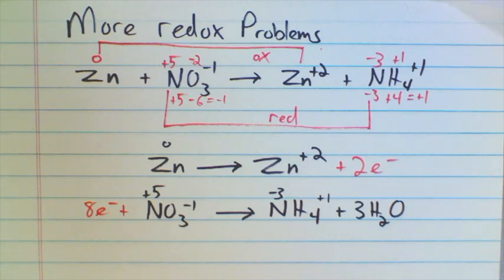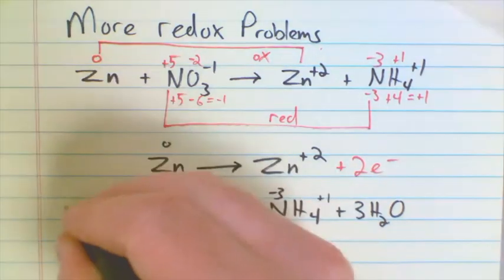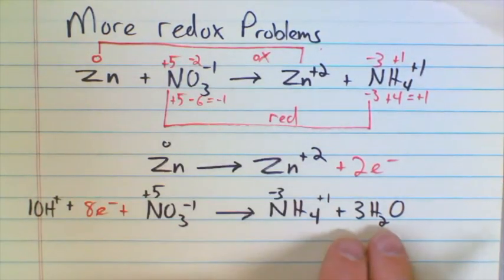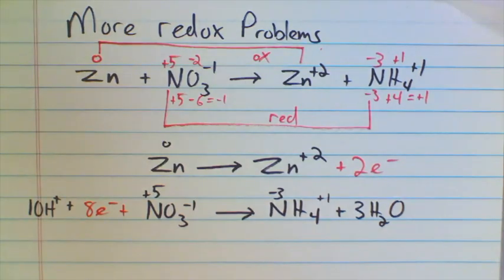Balance hydrogen by adding H plus where needed. 10. Yeah, we're going to have to add a total of 10. So we have to include the hydrogen that's in the water as well as the hydrogen found in any compound. So a total of 10 hydrogens. Okay, so that takes us through step 6. And now on to step 7.